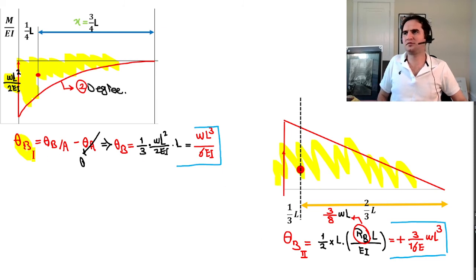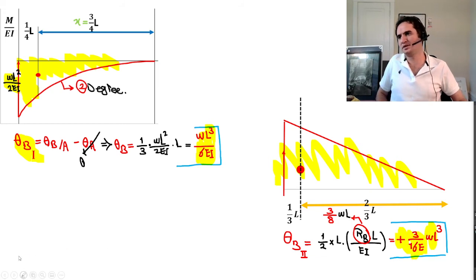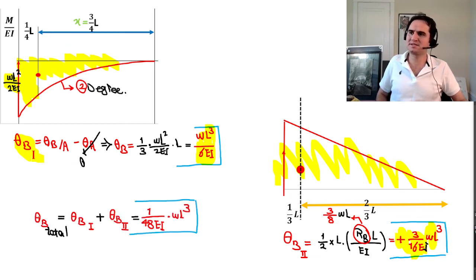So the theta for part A is WL cubed over 6EI, and that's negative, as you can see here. And the other one is a positive 3 over 16EI WL cubed. If you add them up together, theta at B is 1 over 48EI WL cubed.